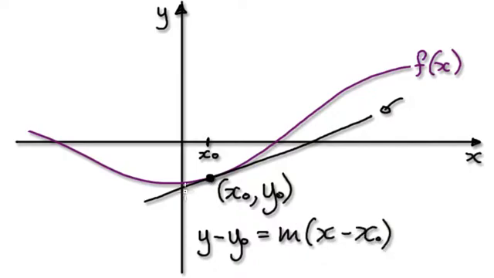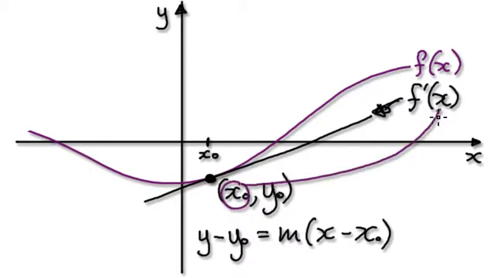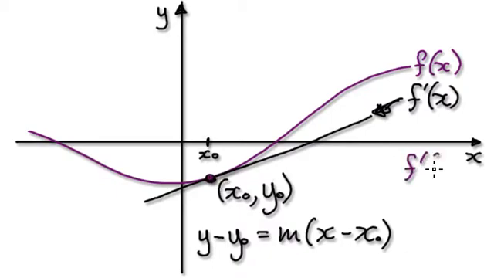To find out the equation of this straight line, we need to know the gradient at this particular point. So start with this, differentiate it, and that will give you this, and the gradient at this particular point will be when you put x0 into here. So the gradient here will be f prime of x0.